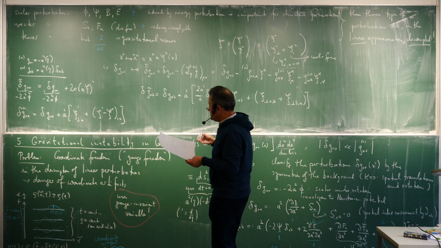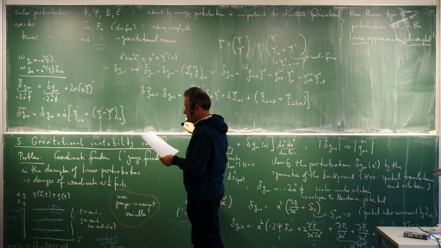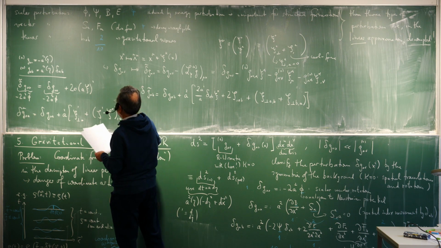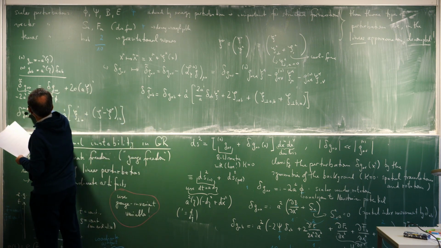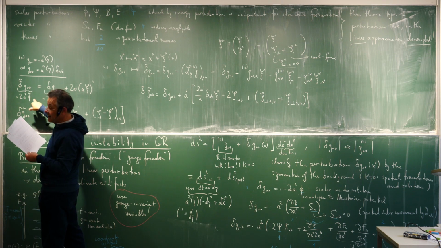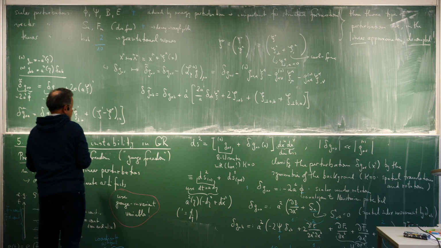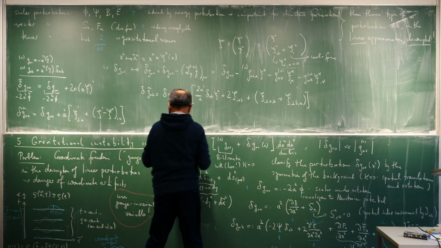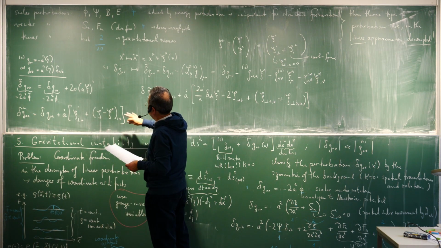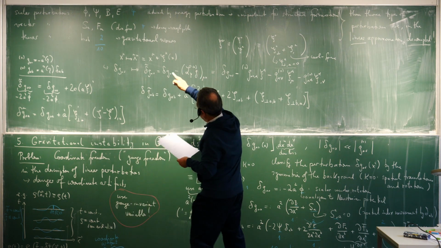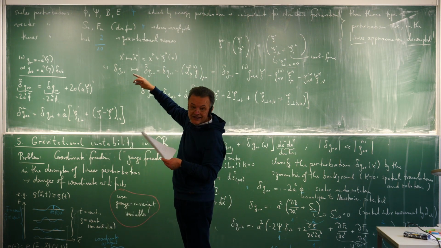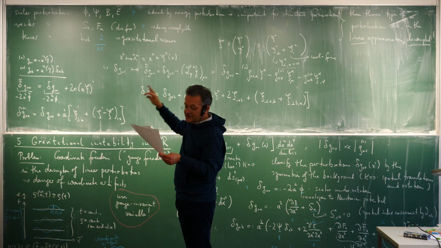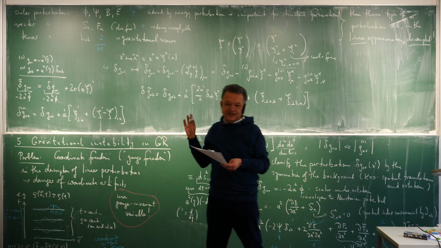So the final message from this is that if you use the definitions for the original perturbations, untilted, and for the new ones, tilted, you see here the transformation of phi to phi tilde, and then you get transformations for these 10 quantities.